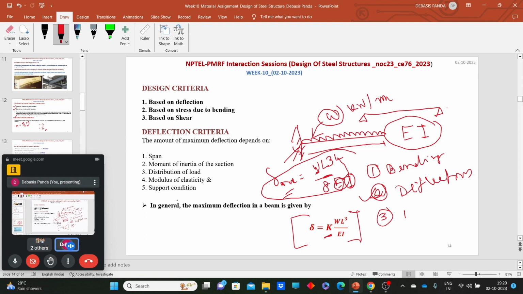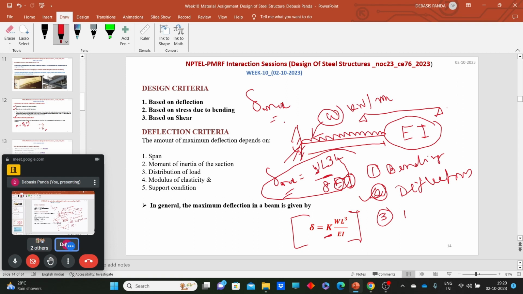The main thing is, due to that lateral load, how much maximum deflection, delta max, is occurring, and what the permissible limit should be for this condition. We need to ensure these conditions.